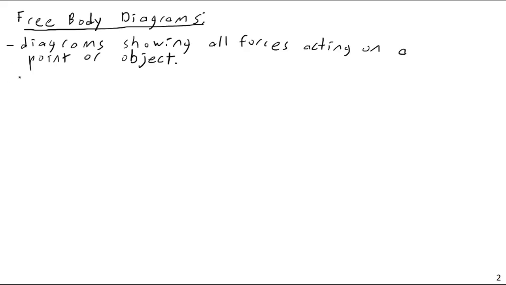So all free body diagrams should have, let's see, one, a quick sketch of the object, or this is the least important one. You can be very sloppy with this.